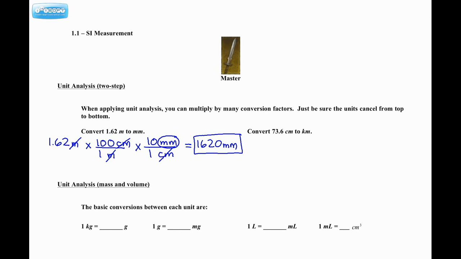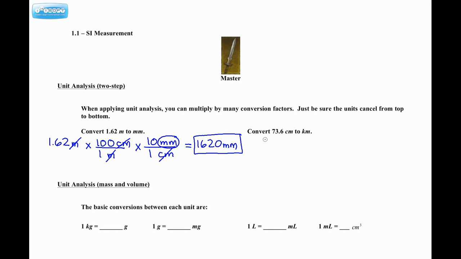There we go. The next example wants to go from centimeters to kilometers. All right. So you could do this in one step if you know how many centimeters are in a kilometer, or you can do it in a few more steps. So you might want to go from centimeters to meters, and then you want to go from meters to kilometers. You could do that as well.